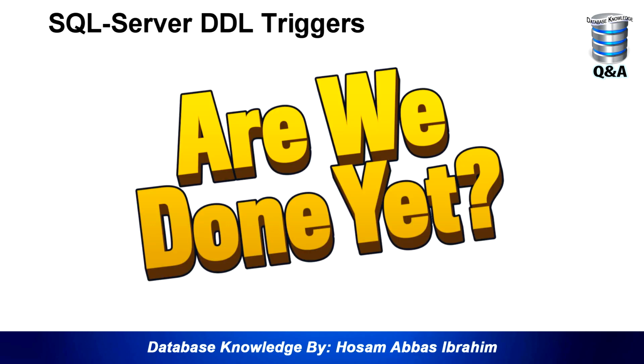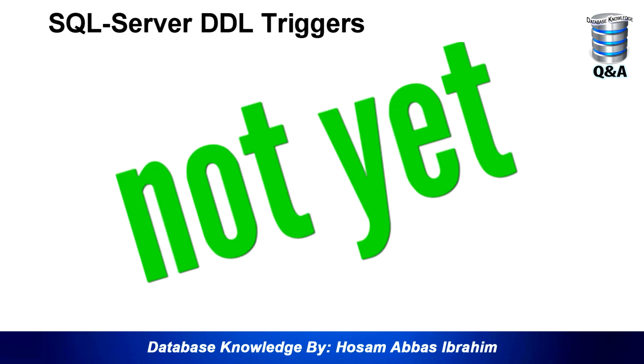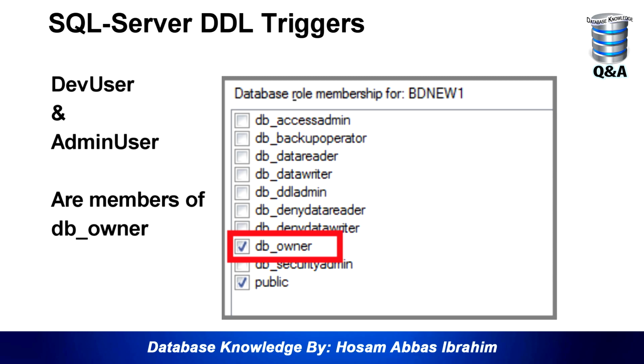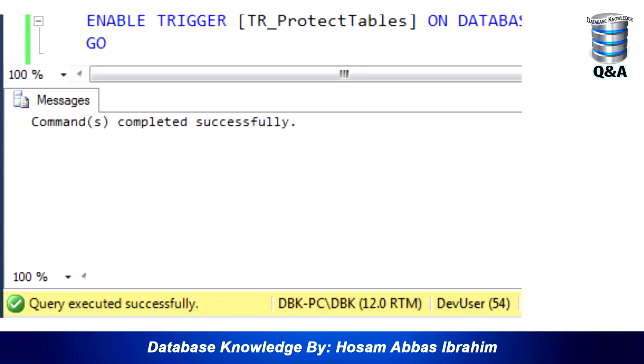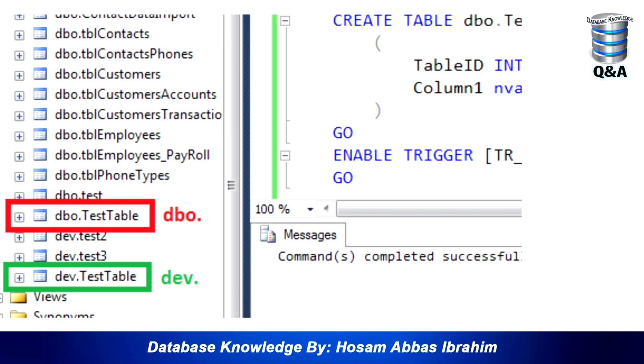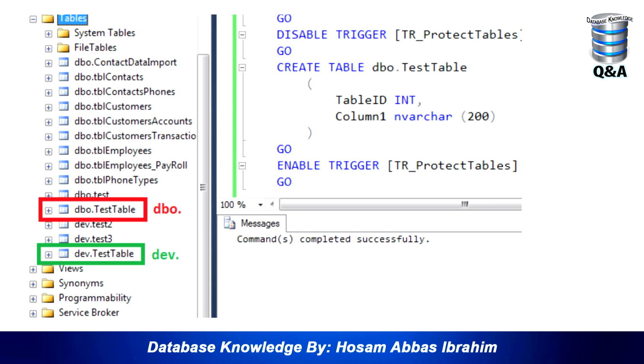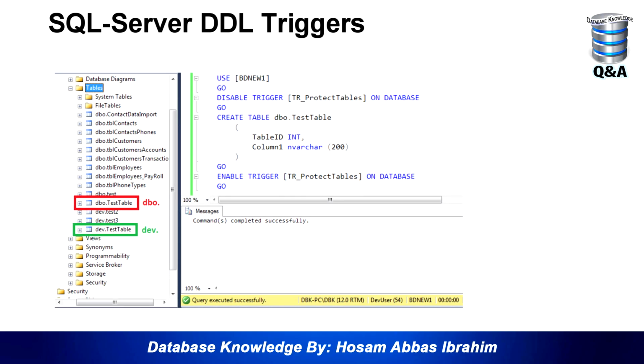But are we done? No, actually not. Remember, both of them, dev user and admin user, were under the role of the DB owner. That means the dev user can disable this trigger and do any changes he wants, enable the trigger again, and get away with it, because the DB owner role has all permissions except those that were denied from it.